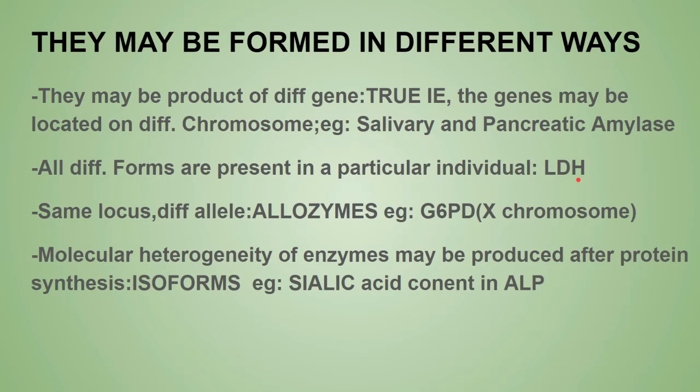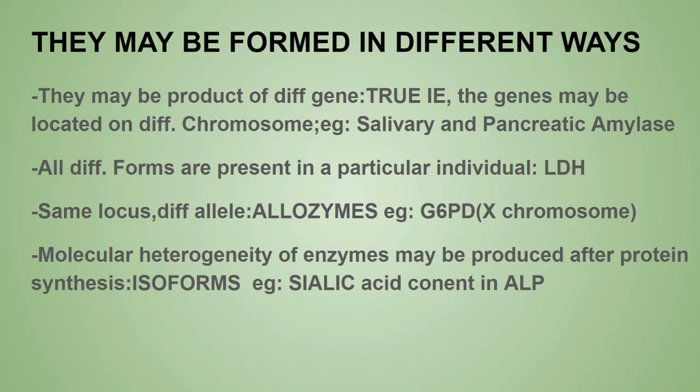You may know that LDH has 5 isoenzymes, and all 5 isoenzymes are present in all individuals on the earth. Means all the people on the earth would have LDH and all the isoenzymes of LDH. That is, we have LDH1 to LDH5 of the particular LDH enzyme.